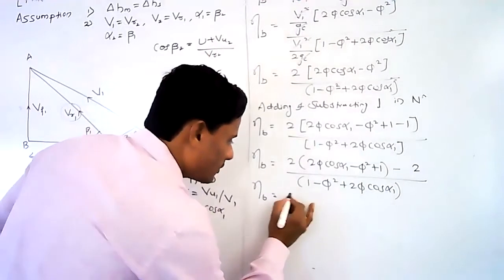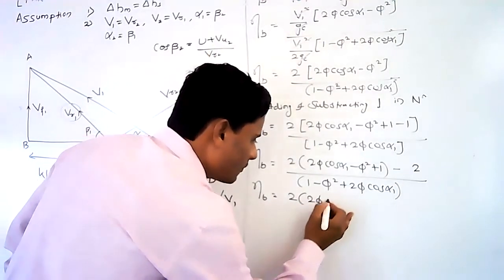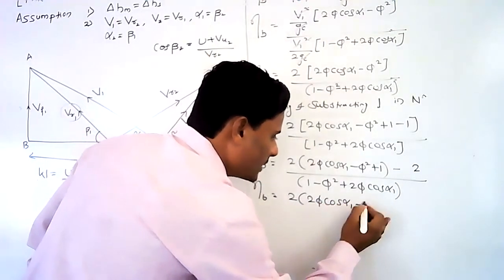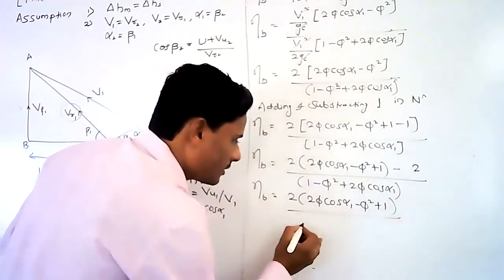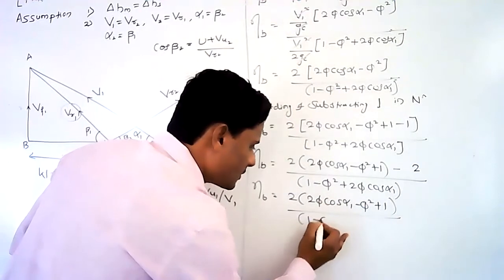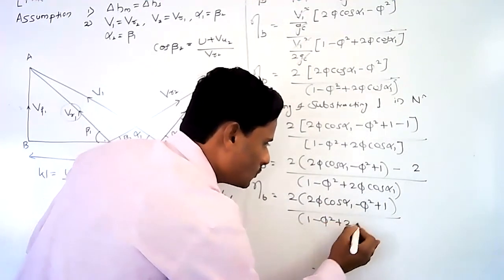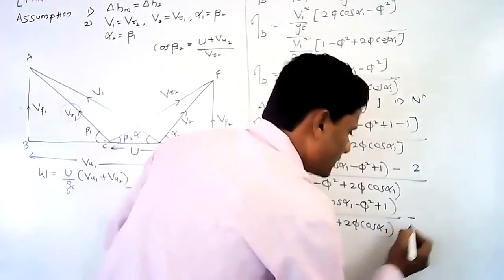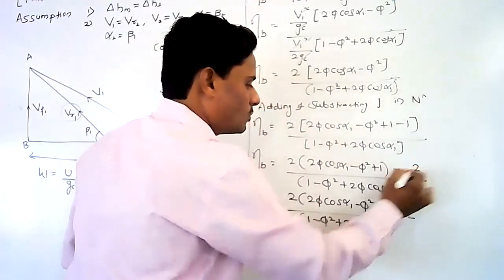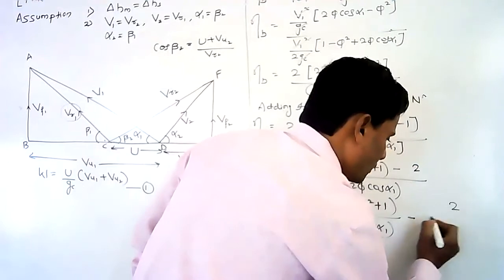So 2 into 2 phi cos alpha 1 minus phi square plus 1 divided by 1 minus phi square plus 2 phi cos alpha 1 minus, so just divide the 2 divided by the denominator term.